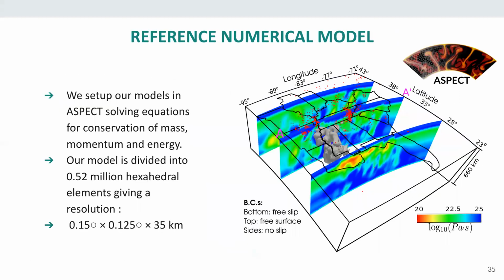And again, we run our models in ASPECT. So this is the viscosity distribution that is shown for our model with the surface seismicity in red dots. And the gray contour shows the large positive P-wave anomaly features observed by Biryol. And we set up our model so that the resolution is consistent with the tomography data resolution.